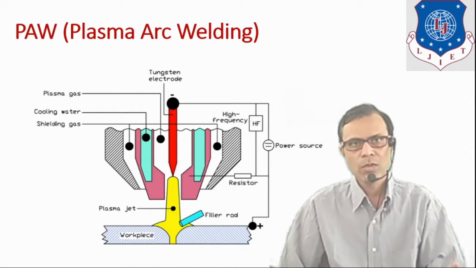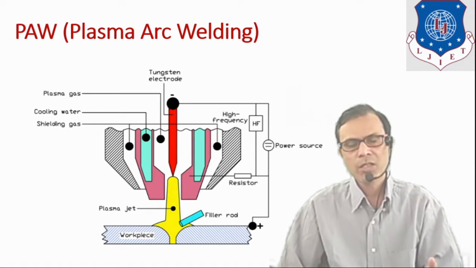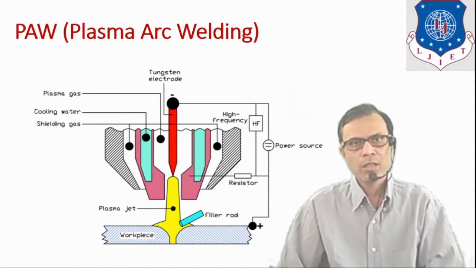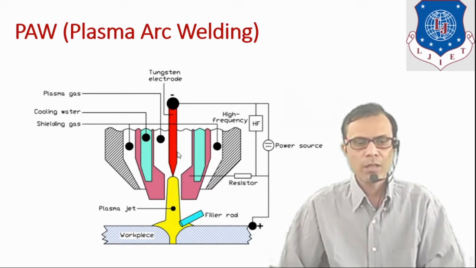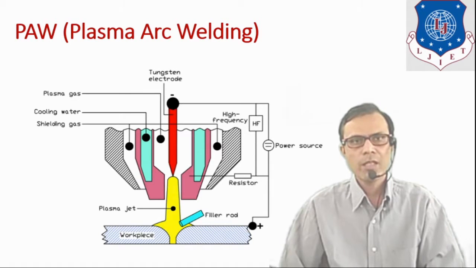So now it will be a mixture of ions, electrons, and it will have high temperature. Generally, the plasma gas has temperature in the order of 28,000 degree Celsius.